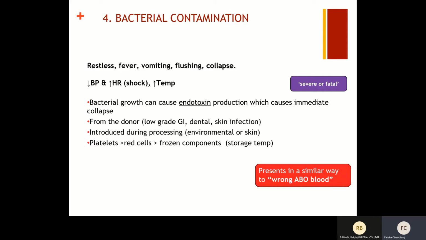This bacterial contamination can be from the donor, who may have had low-grade GI, dental, or skin infections, and it can be introduced during processing. As I said, it's much more common in platelets because they're stored at room temperature, as opposed to red cells, which are stored at 4 degrees.